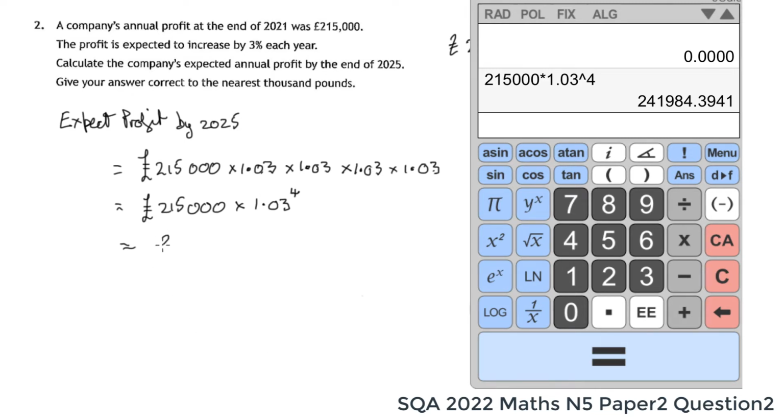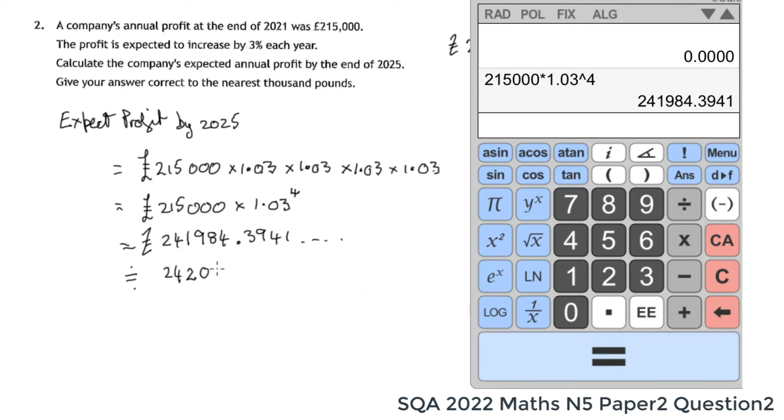And there it is, 241,984 pounds, and then there's a whole load of rubbish at the end. So how do we write this? That's approximately to the nearest 1,000. There's units, tens, hundreds, there's thousands. We're going to be chopping a 9 off, so that 1 goes up to 2 in the thousands place.